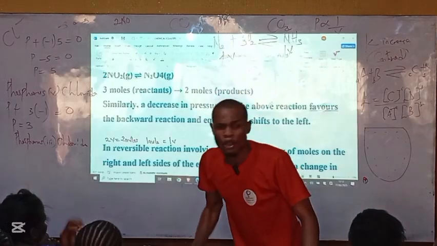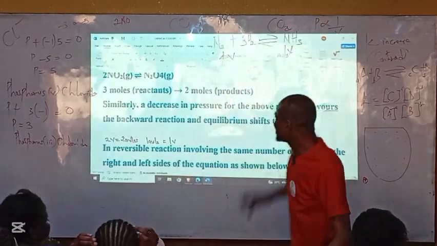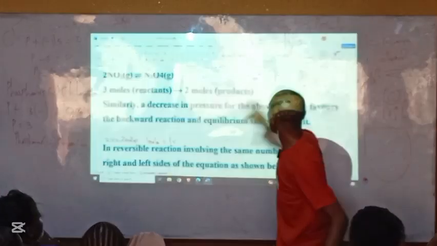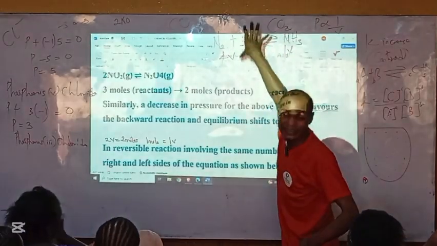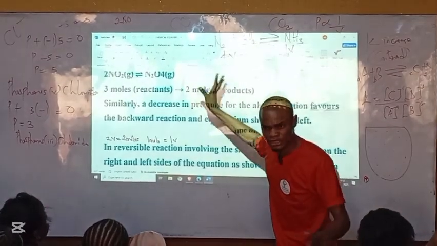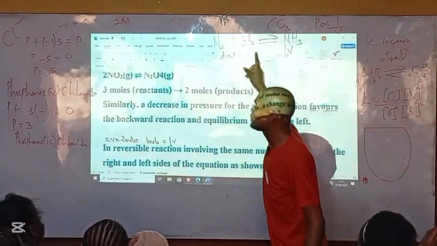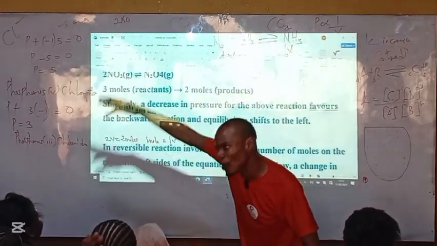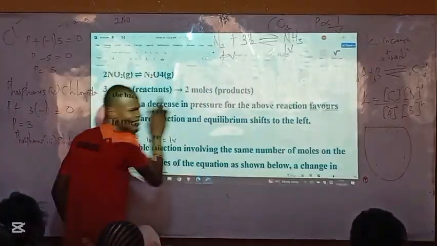Where would the equilibrium shift to? The backward reaction, right? Because I have a larger volume at the back. Please take notes.